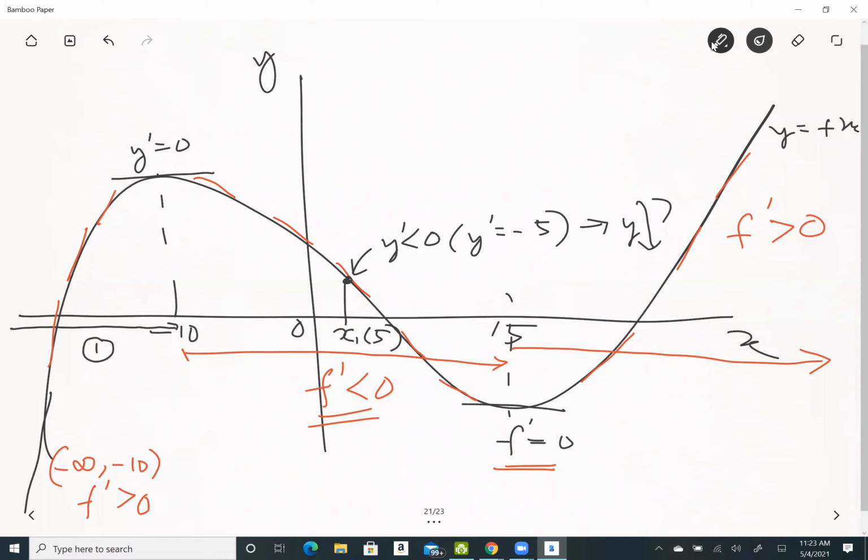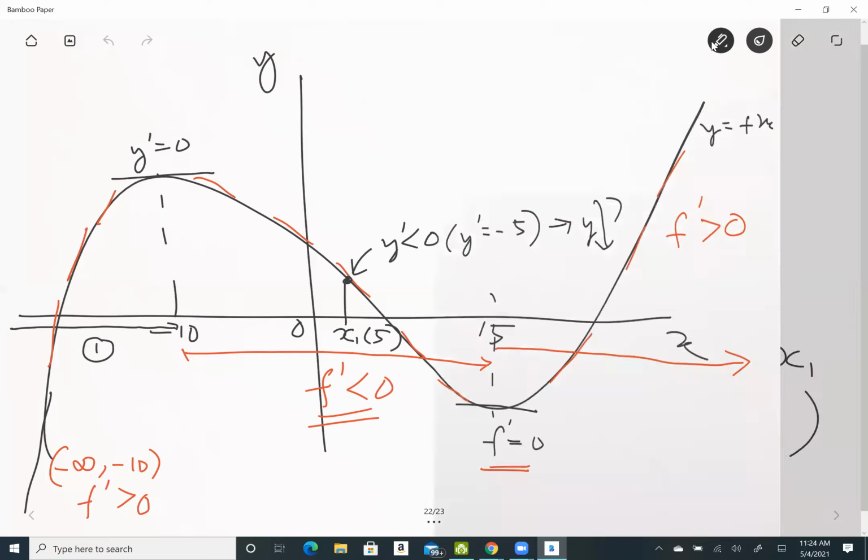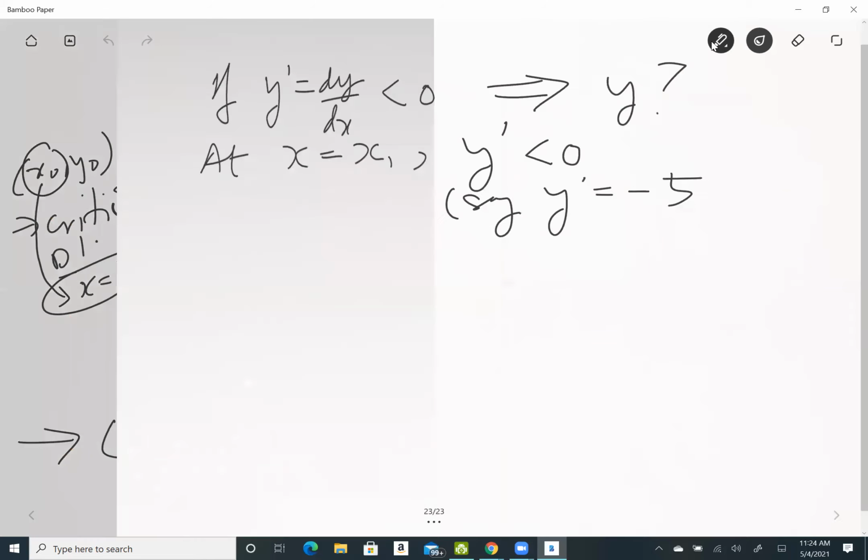Or you just say 1 unit: if x increases by 1 unit, y will decrease. Here, for example, -5, so y will change by -5. So the function is decreasing. That is another point.